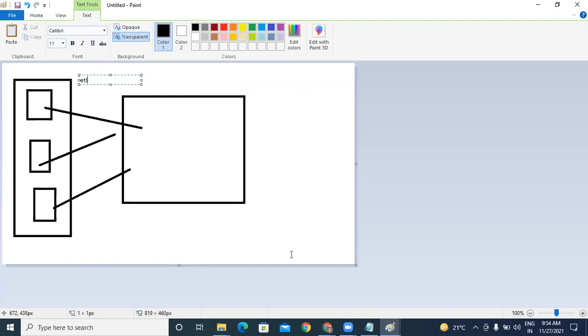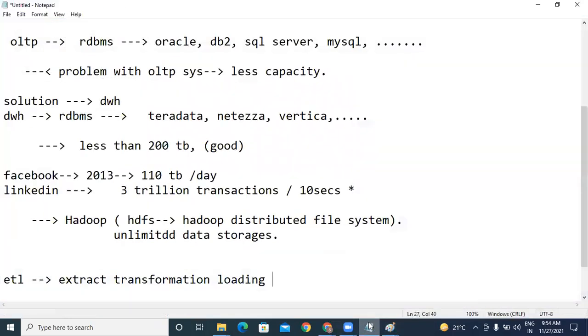Extracting means your responsibility is to connect with the source database system, extract the data, and then load. Did you understand the meaning of extract and loading? That means reading from one system and writing into another, different target system. But between them, the transformation is required.